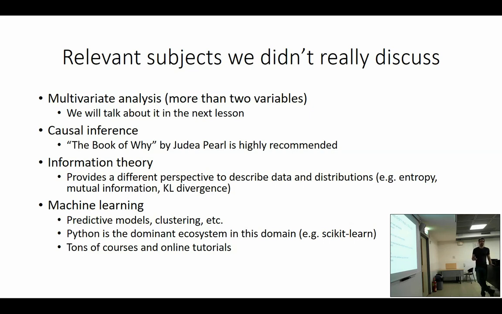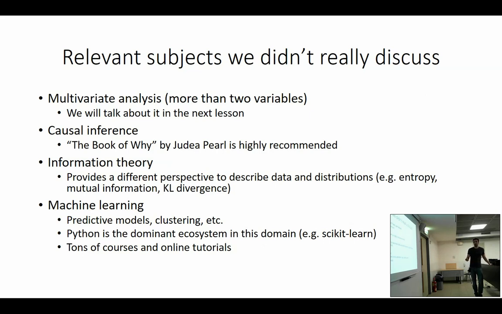Another topic which we, again, didn't really discuss was things related to information theory. So it did pop up a little bit when we spoke about logs and entropy and stuff like that, but we didn't touch on it too much. Again, that's a whole different field from statistics, and it happened historically that different kinds of people work on this, and they have their own definitions and way to look at things, which I think in many cases can be interesting and very complementary to the statistical way of looking at things.